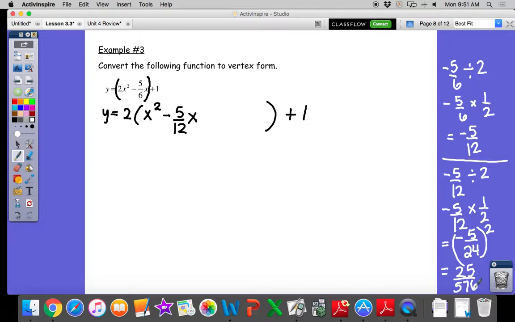So that's half of the middle number, half your b value, and then squaring it. This is the number we're going to have to add and subtract. So right now I'm going to add that number that I took half and squared, 25 over 576, and right away you have to subtract that exact same number, 25 over 576.